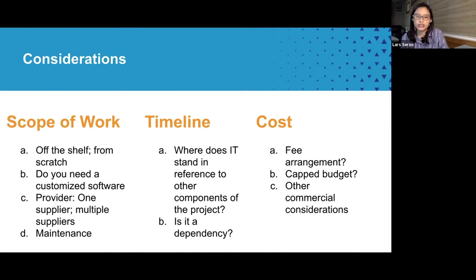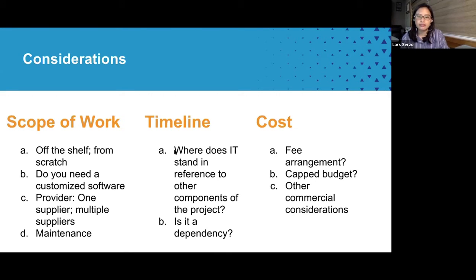So knowing these factors, those flashed on the screen, would be important in guiding your team in the software or the service negotiation stage. For the scope of work, your team would have to identify whether you actually need to build something from scratch or you can get something that's off the shelf. Whether the service that you need would come from just one supplier or from multiple suppliers? Will you need maintenance services for that piece of software?